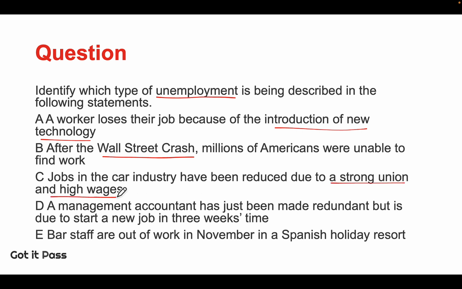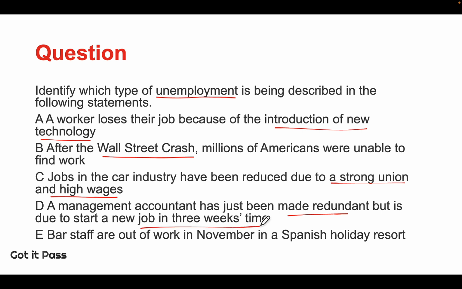Okay, high wages. So you can remember what kind of unemployment for the job loss under the strong union and high wages. And fourth statement is about the management accountant. Though the accountant has been made redundant, he can still find a job in just 3 weeks' time.